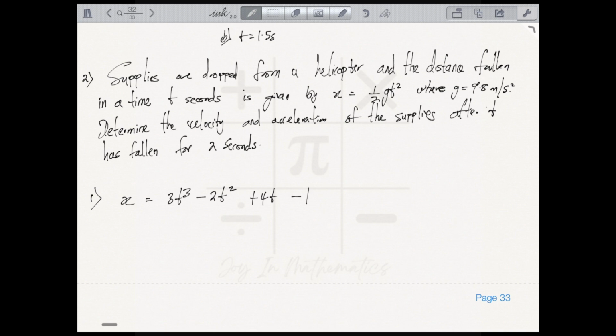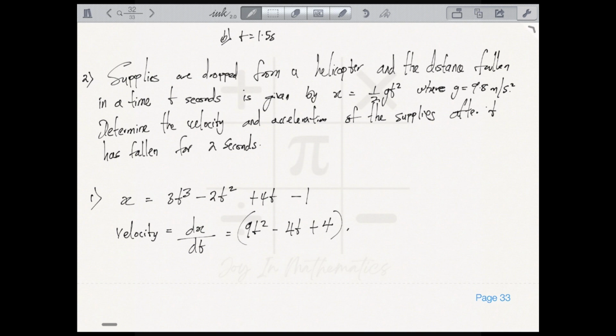So the first thing to do when we want to evaluate velocity is to differentiate distance. Differentiating x, velocity will be 9t squared minus 4t plus 4.